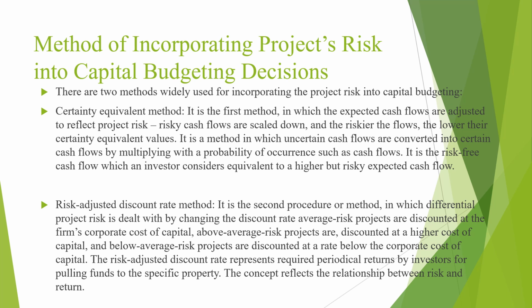Average risk projects are discounted at the firm's corporate cost of capital. Above average risk projects are discounted at a higher cost of capital, and below average risk projects are discounted at a rate below the corporate cost of capital. The risk-adjusted discount rate represents the required periodic return by the investor for pooling funds to the specific property. The concept reflects the relationship between risk and return.